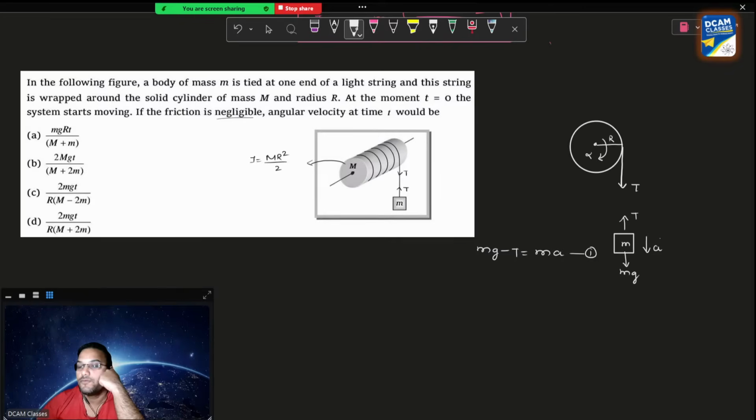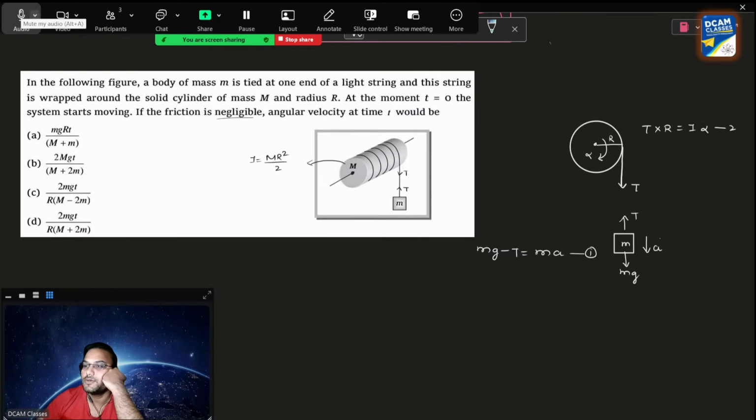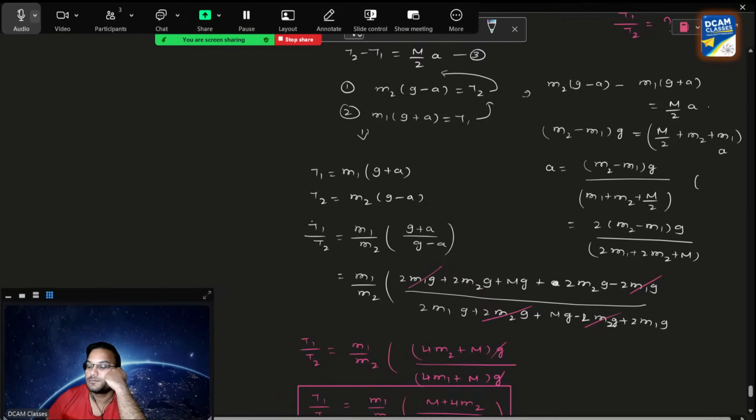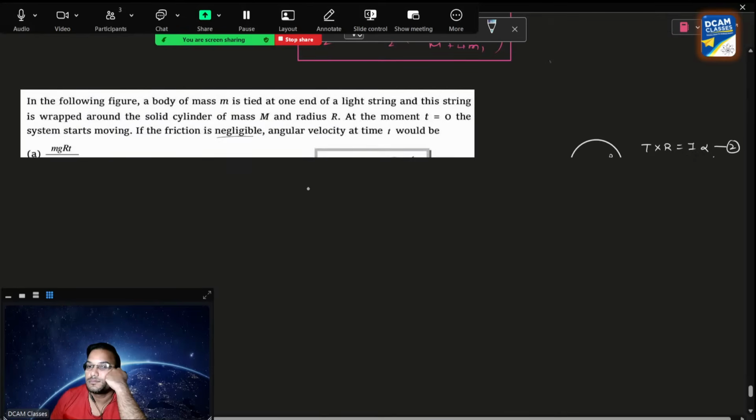For the pulley, the torque equation T into R should be equal to its I into alpha. These kinds of equations you should have made by yourself. Now T into R is equal to MR square by 2 into alpha. So we can cancel R. So I'll get T is equal to M by 2 into R alpha.